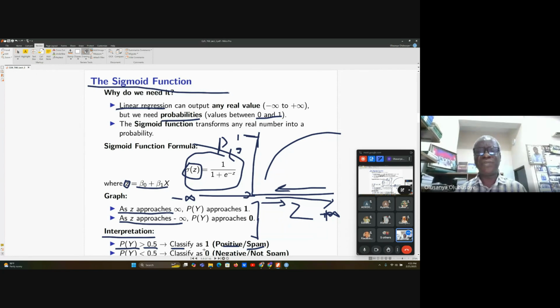So if we are dealing with comment, we will say the comment is negative. And if we are dealing with email, we will say it is not a spam. So this is the theoretical foundation for this.